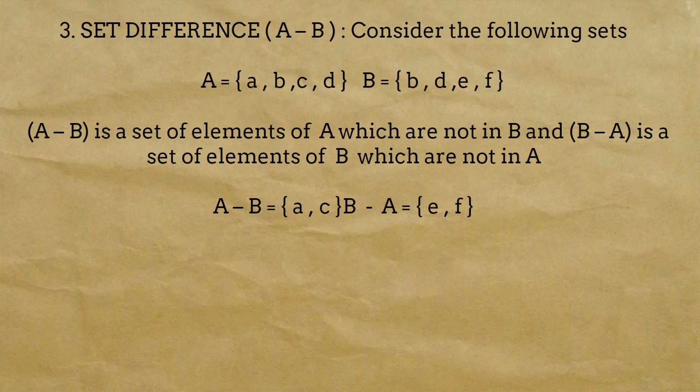Now, A minus B is a set of elements of A which are not in B, and B minus A is a set of elements of B which are not in A. In other words, A minus B in this case would be a and c, because a and c are the only values from A which are not present in set B, and B minus A would be e and f, because e and f are the only elements of B that are not present in A.